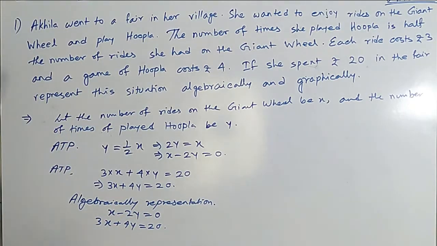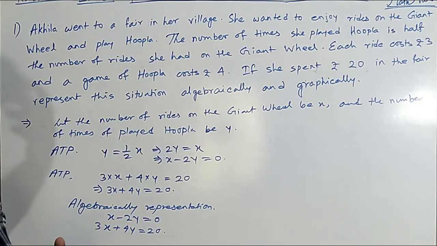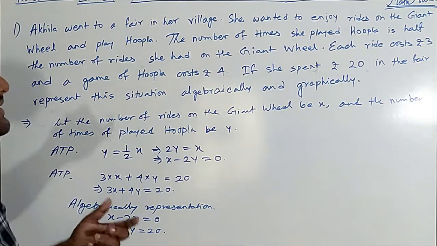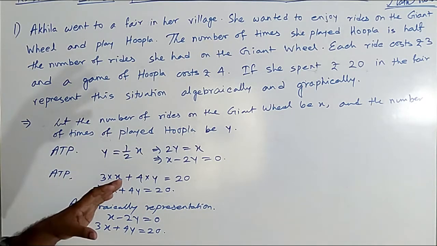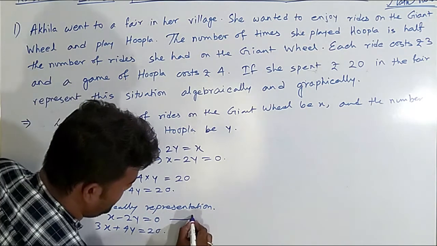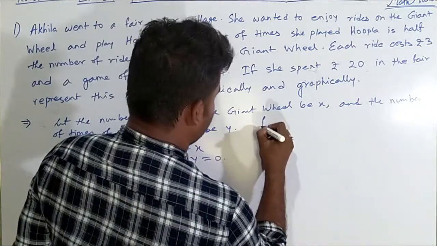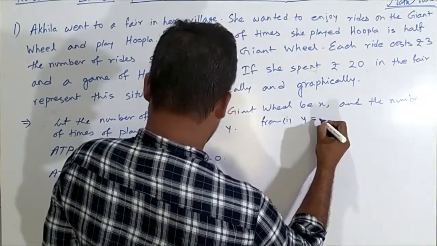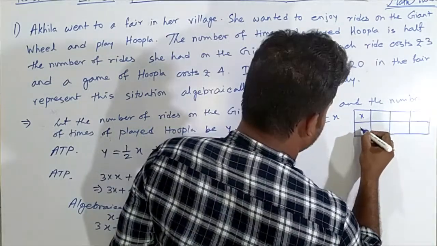Now we represent the situation graphically. For the graphical representation, first we find the table. That means the coordinates of some points on these lines. This is 1 and this is 2. Now from the first equation, y can be written as 1 by 2 x, and the table will be x and y.